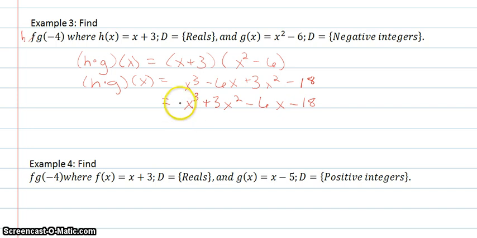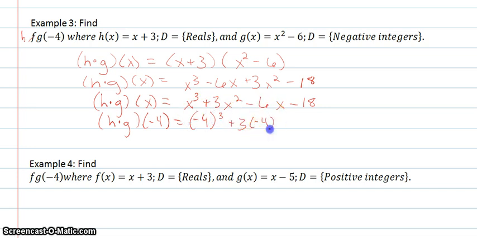Right, now I'm going to fill in the negative 4. So I have h times g of negative 4 equals, so I'll have negative 4 in parentheses cubed plus 3 times negative 4 squared minus 6 times negative 4 minus 18.